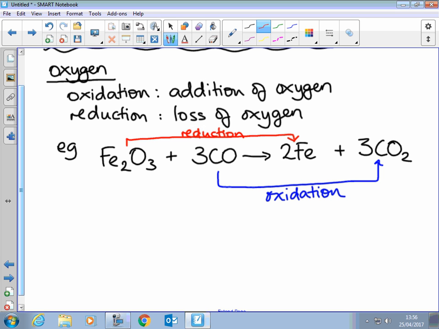If we were going to, well, we've got iron ions over here. Each one of those Fe's in that Fe2O3 is Fe3+. And they go from being Fe3+ to Fe. So they must gain 3 electrons each, mustn't they, to cancel out those 3 pluses. So they're gaining electrons, and that's a definition of reduction. Not so easy for the carbon in the carbon monoxide.